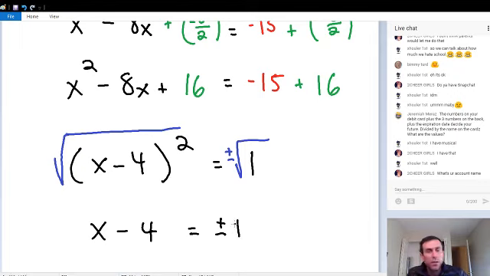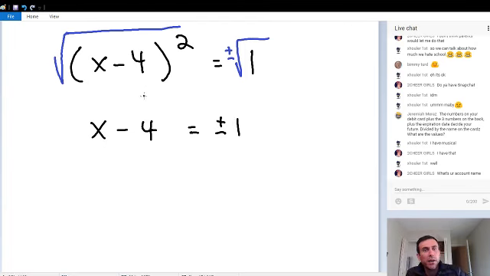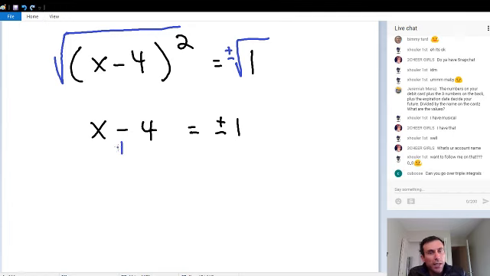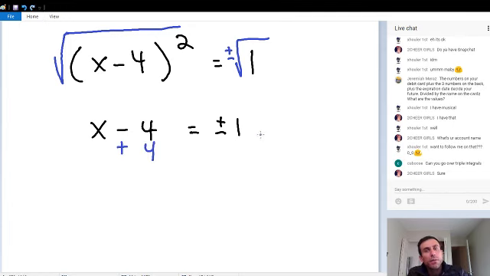All right. So now we just need to keep solving for x. So we need to get rid of this negative 4. All right, so to get rid of a negative 4, we can add both sides by positive 4. On the left-hand side, the negative 4 and the positive 4 cancel each other out.